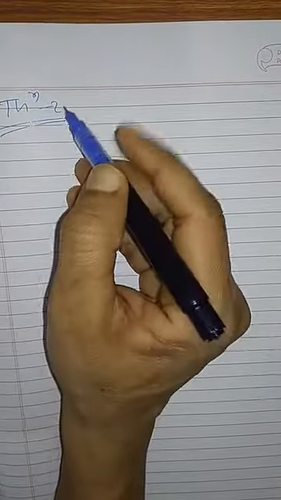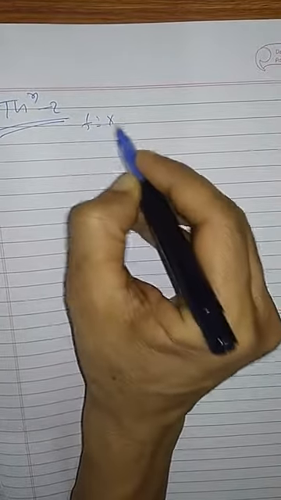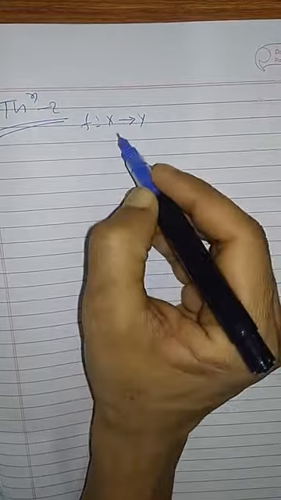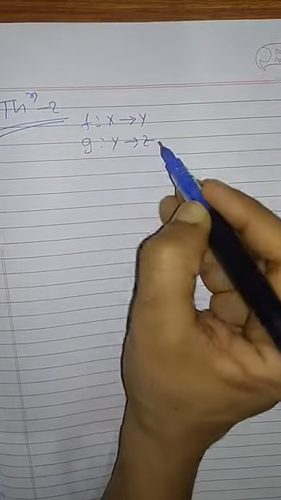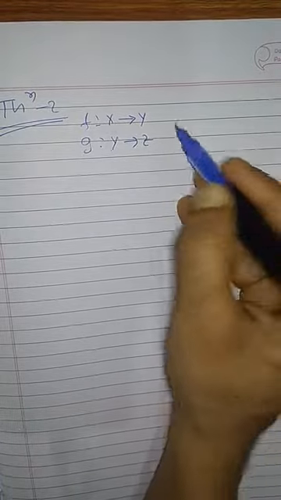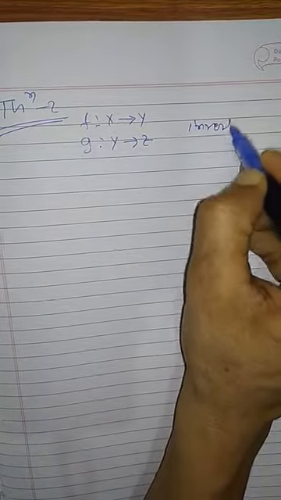Another theorem. Theorem 2. f such that X to Y, f is a function, and g such that Y to Z, and both are invertible functions.